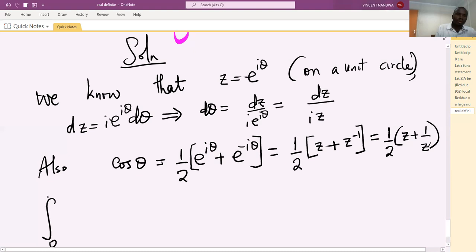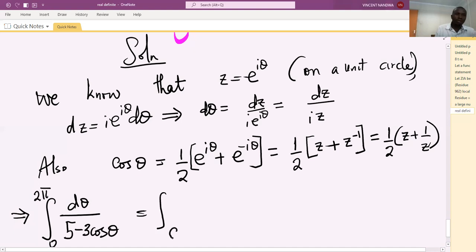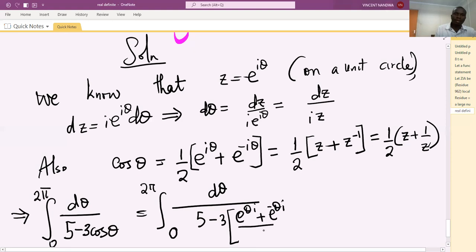So this implies that the integral from 0 to 2 pi of d theta over 5 minus 3 cosine of theta will be the integral from 0 to 2 pi of d theta over 5 minus 3, where there's cosine of theta we put e raised to the power theta i plus e raised to the power minus theta i, divided by 2.